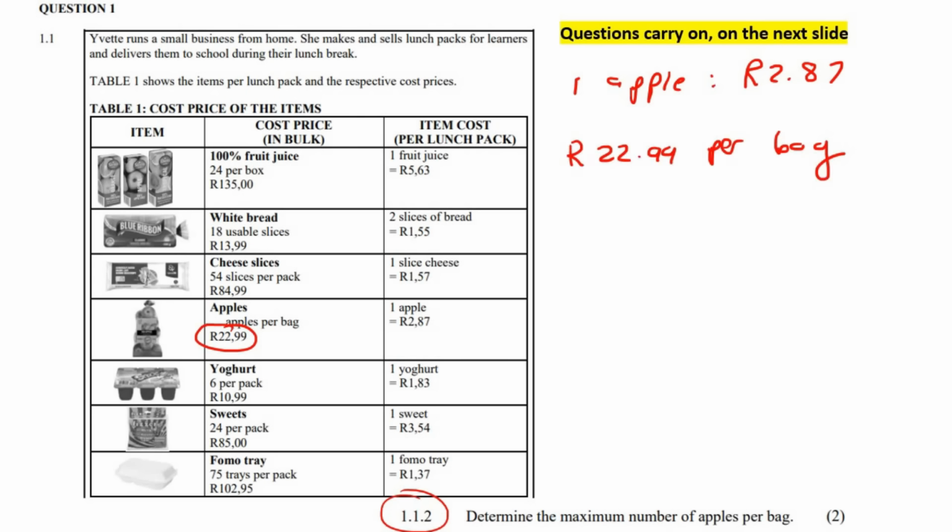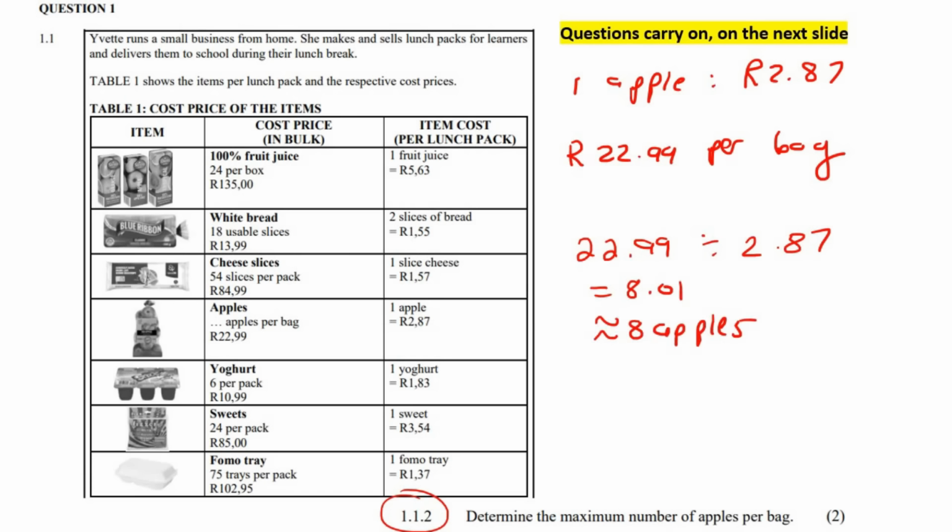So if you want to know how many apples you get in the bag, you could just say 22 Rand 99 divided by 2 Rand 87. And if you work this out, you're going to get 8.01, which is approximately 8 apples. The reason for it not being a perfect number is just that they probably used rounding off on some of those numbers. So it's approximately 8 apples that you are getting per bag.